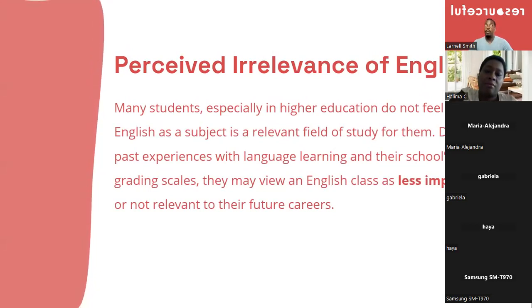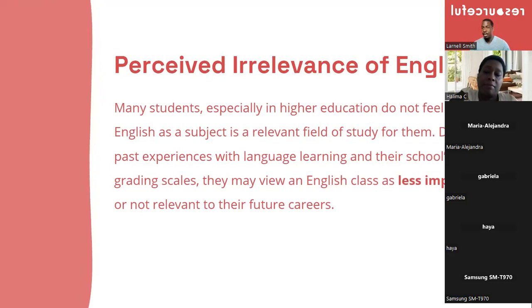And the lower importance of English or language studies is reflected in the weight of the grades of their class, which also gives them that impression. So when you've got a coefficient 1 for your English class and, for example, coefficient 6 for their science class if they're engineers, that's just going to make them feel like, I don't really need to try that hard in this class.